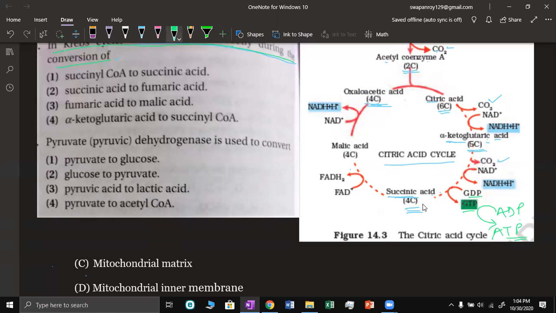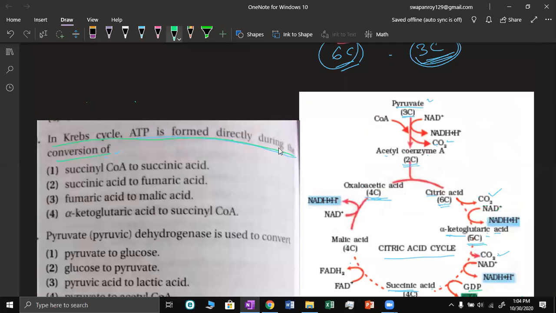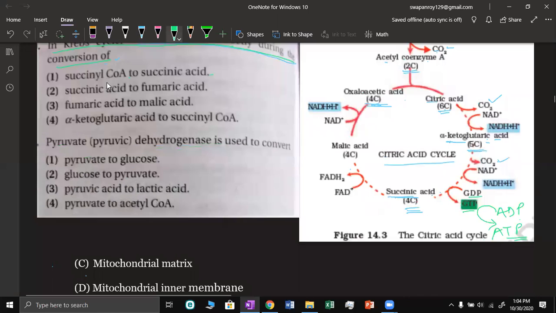So during the formation of what? ATP is directly formed from succinyl coenzyme A to succinic acid. Here, of course, this question is not clear in this cycle, because this is a simplified cycle. Some of the steps have not been mentioned.